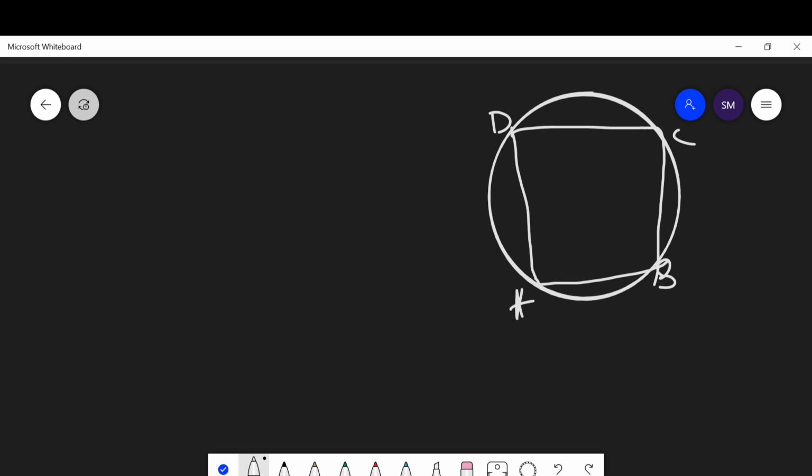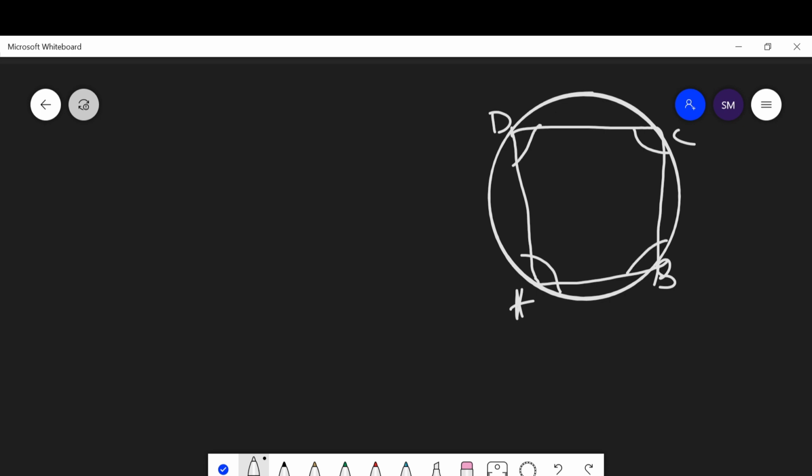Then here we say that the sum of either pair of opposite angles of a cyclic quadrilateral is 180 degrees. This means angle A plus angle C is 180 degrees, and angle B plus angle D is 180 degrees.